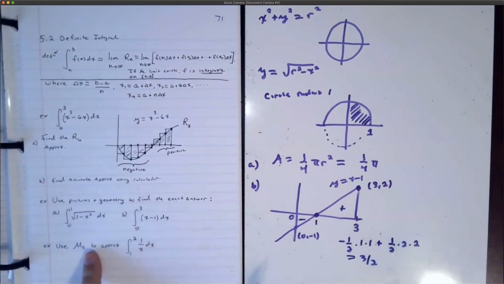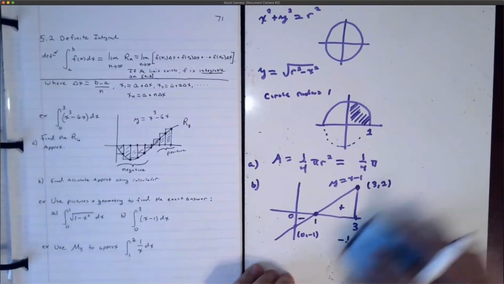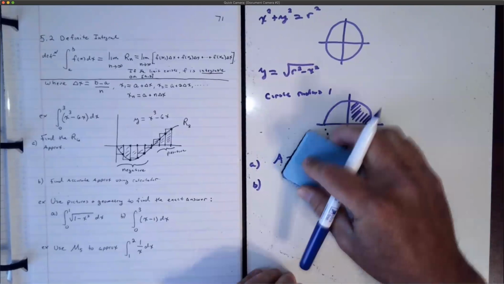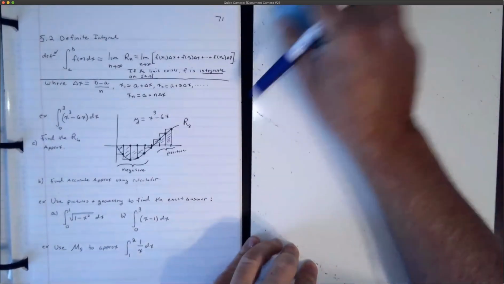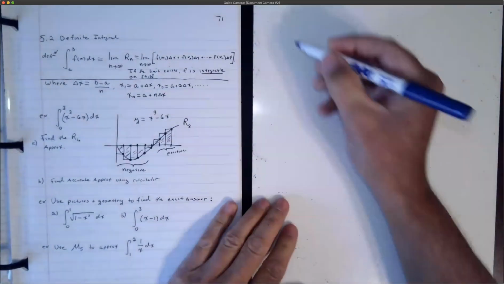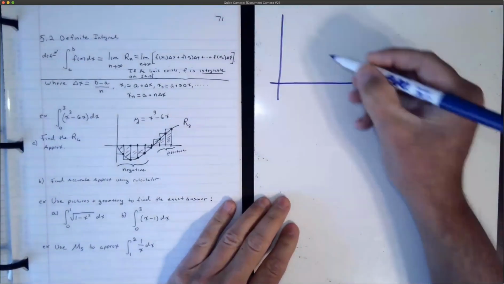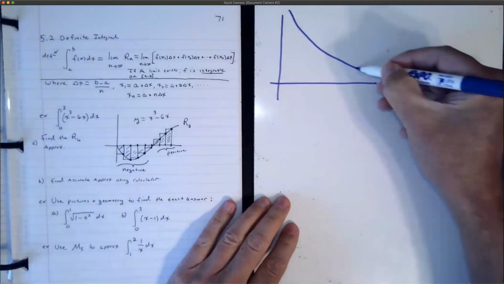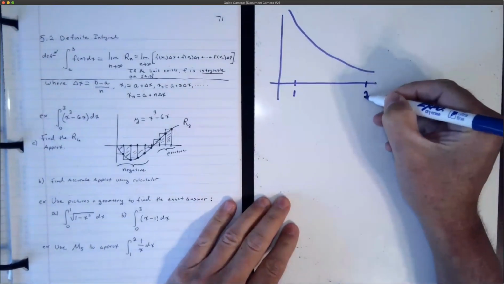Use M5 to approximate the integral from 1 to 2 of 1 over x dx. All right, so this is another Riemann sum calculation where we have to find the area underneath these 5 boxes. In this case, the function is positive above the x-axis. So we're going from 1 to 2.